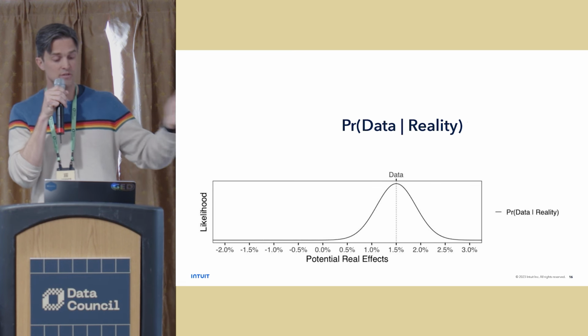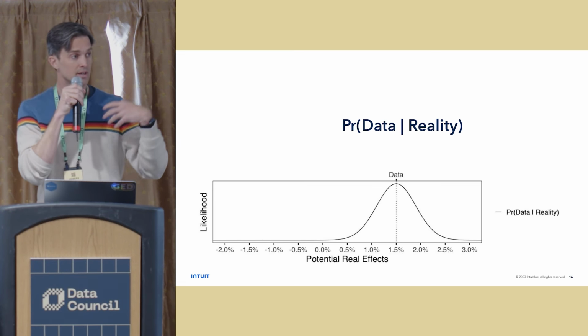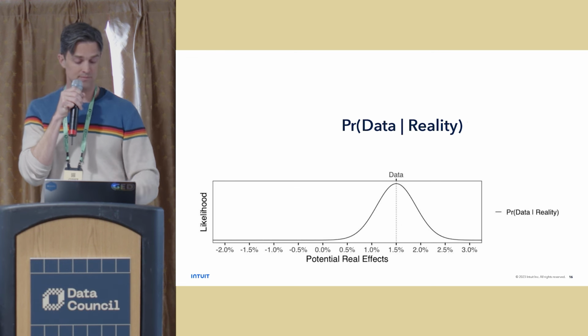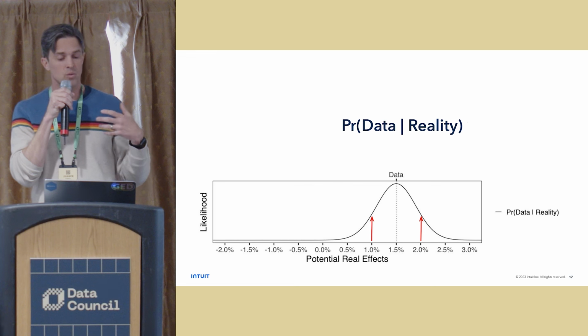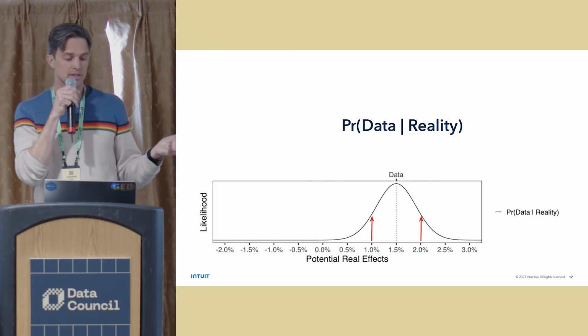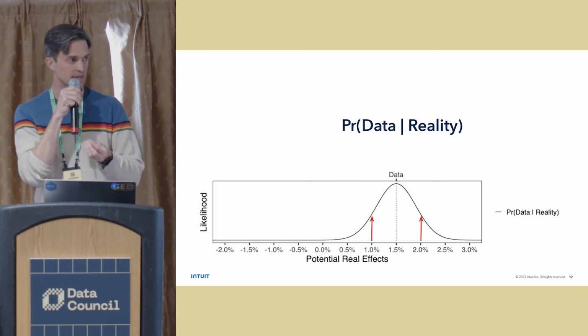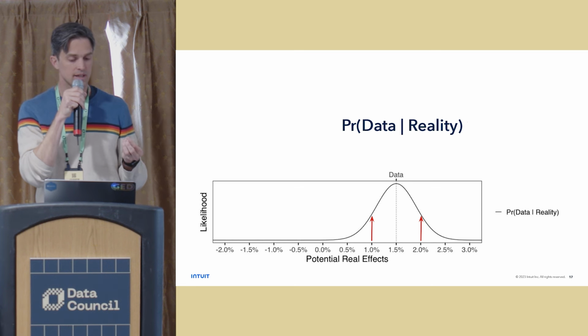There's a range of potential real effects on the x-axis that could generate your 1.5% data, some more likely than others. And when you look at this distribution, you might notice, I've got equal likelihood that a 1% real effect and a 2% real effect could generate my data. They are equally likely to generate that data.